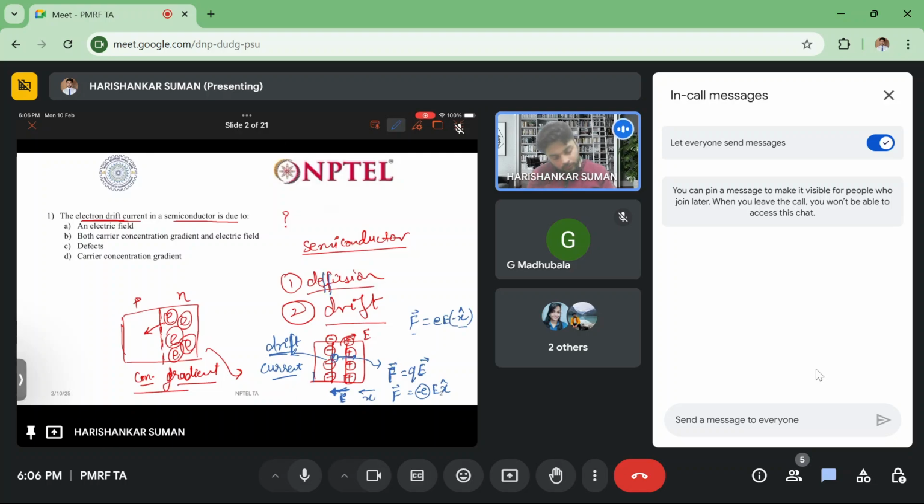Anyone, please answer. The electron drift current in a semiconductor is due to: A, an electric field; B, both carrier concentration gradient and electric field; C, defects; D, carrier concentration gradient. Which one is correct for this?